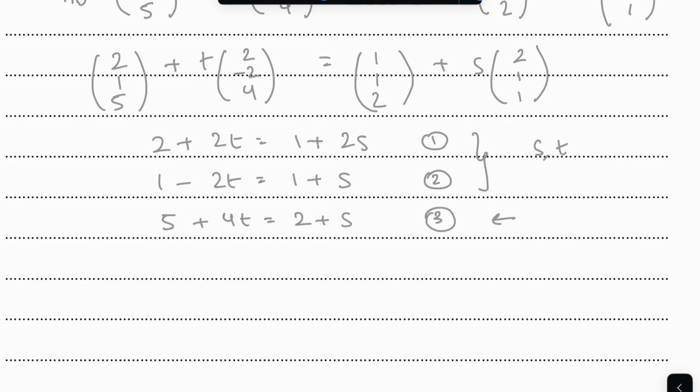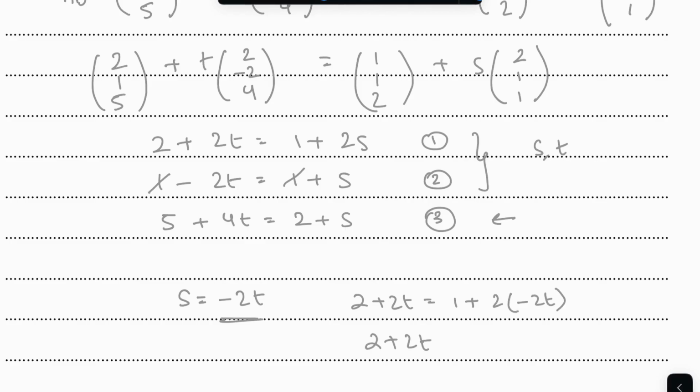First, if we look at the second equation, the ones will cancel and s will equal minus 2t. Now we can replace s with minus 2t in our first equation to get a value for t. So 2 plus 2t is equal to 1 plus 2 times minus 2t.